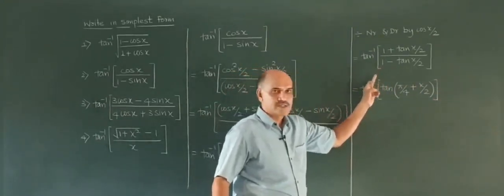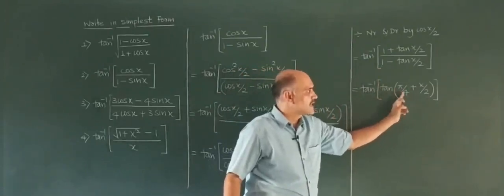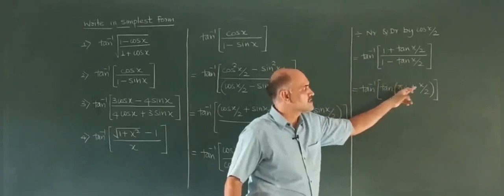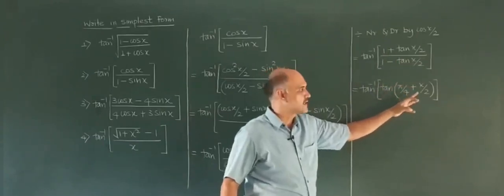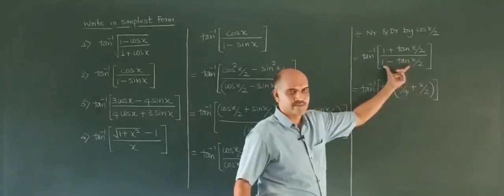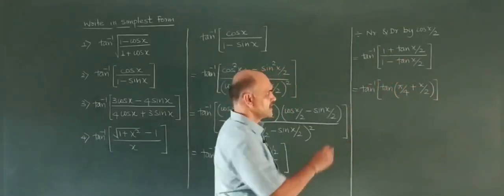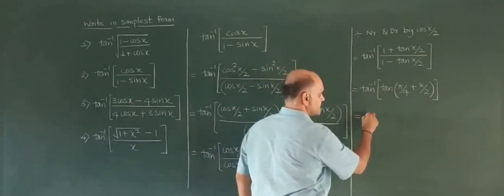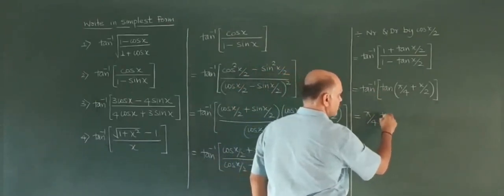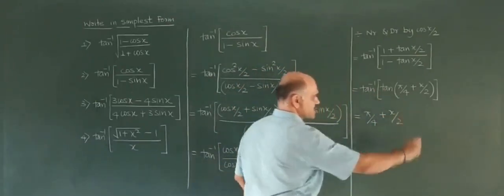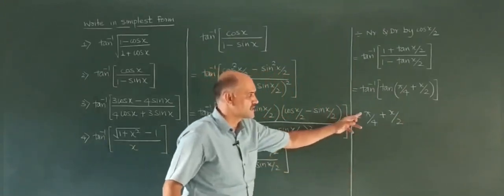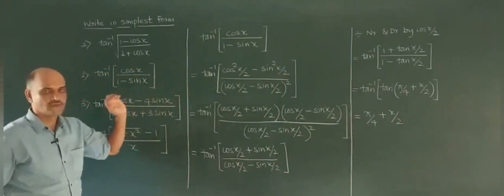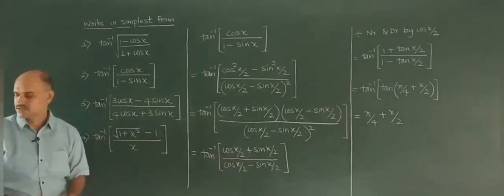If you don't know this, apply the tan a plus b formula and you will get this term: tan 45 plus tan x by 2 divided by 1 minus tan 45 into tan x by 2. So again here tan inverse and tan get cancelled. So the answer is pi by 4 plus x by 2. So the simplest form of this one is pi by 4 plus x by 2. You can pause and note this, then we will go for the third problem.